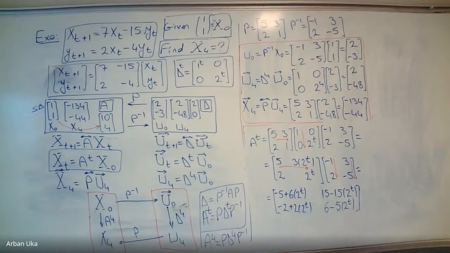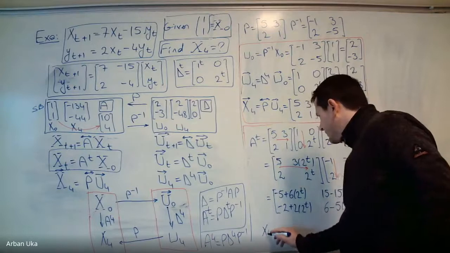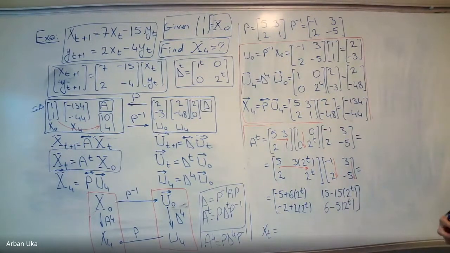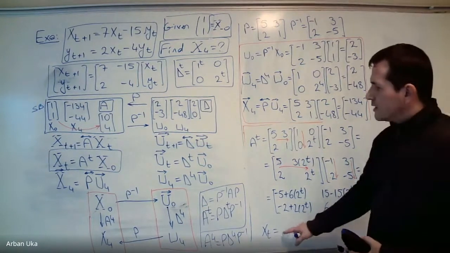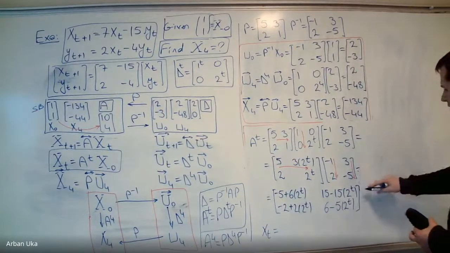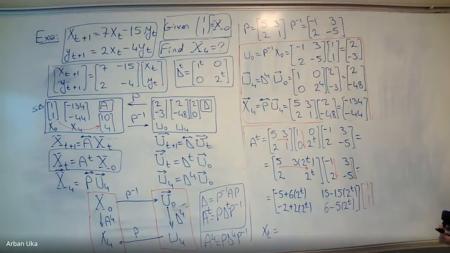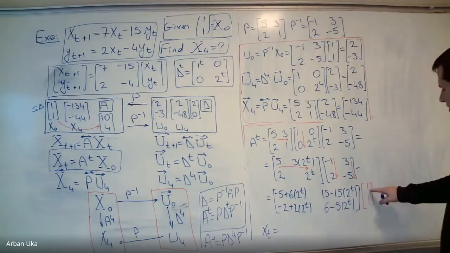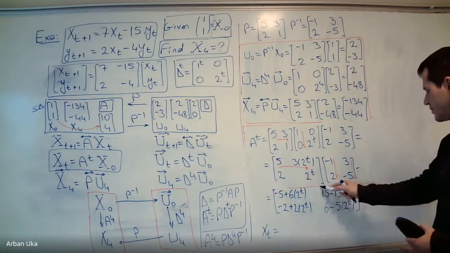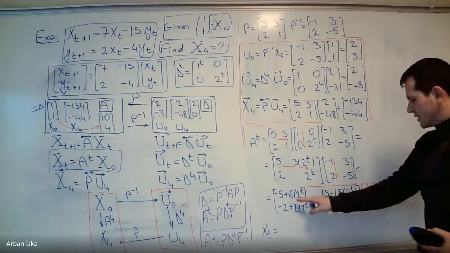Okay, so this is A to the power t, and xt at any time is always equal to A^t times x0. So allow me to multiply here with a different color, 1, 1. What is the answer for xt? If this is 1, 1, we take the first row and multiply with this column, so it will simply be this plus this.